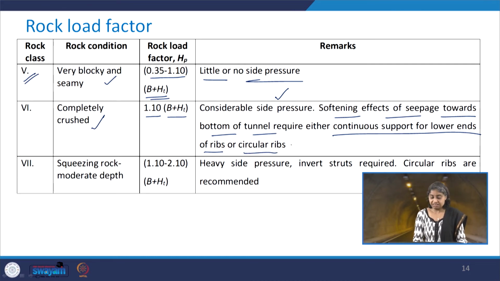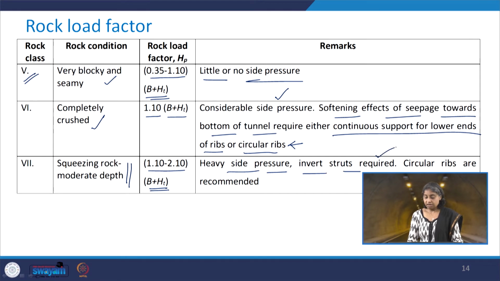When I say these ribs, these connect to the steel sets that I showed you in the second slide of this lecture. Then if we have squeezing rock at moderate depth, the range in which the rock load factor varies is 1.1 to 2.1 times B plus HT. In this case, there is heavy side pressure, and invert struts are needed and circular ribs are recommended.